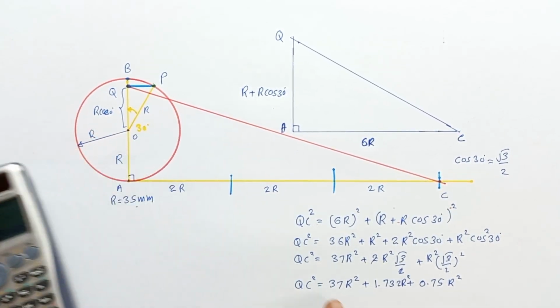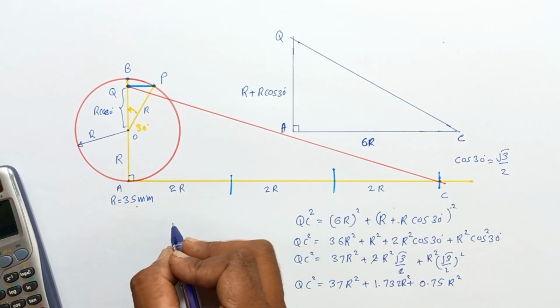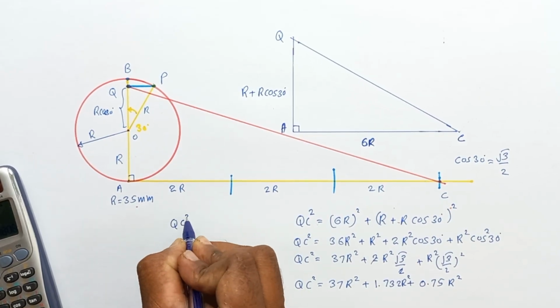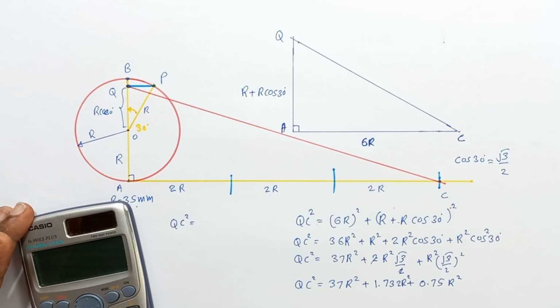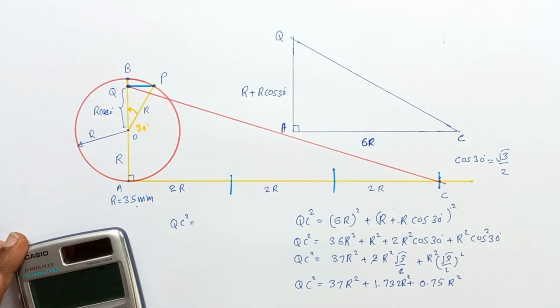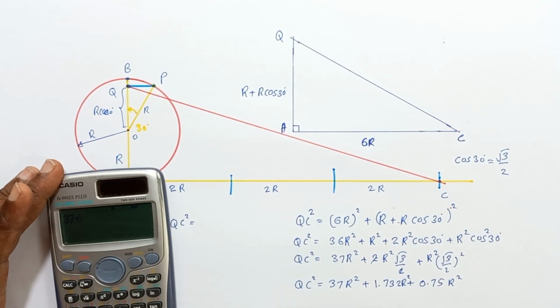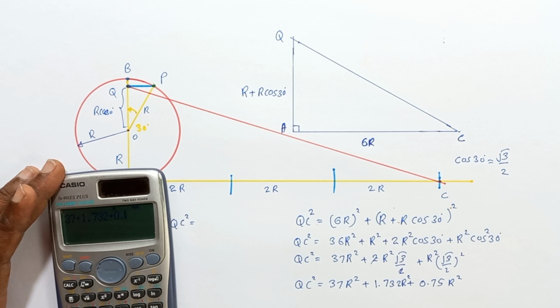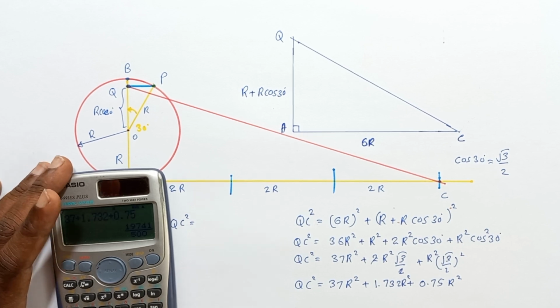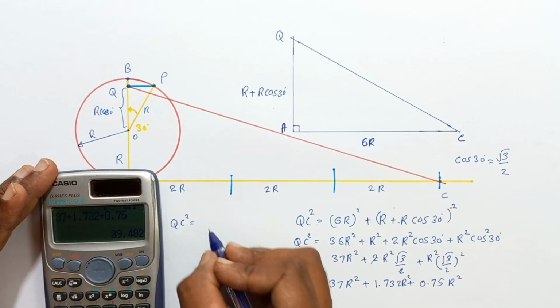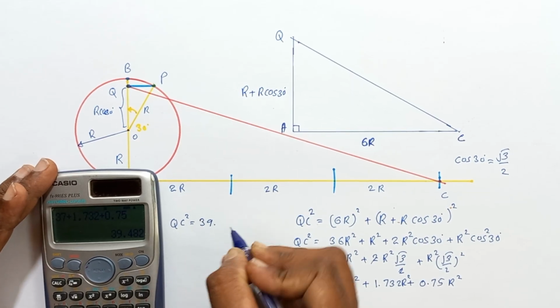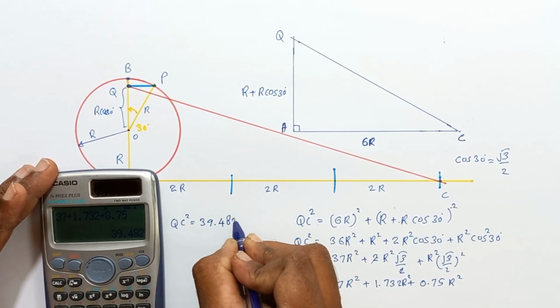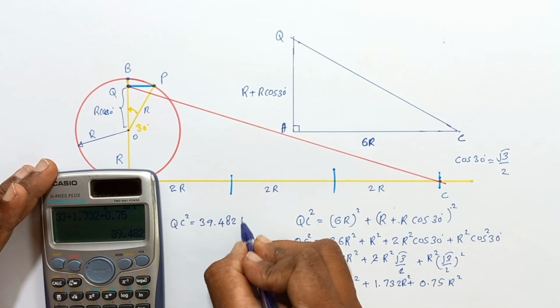By simplifying this one, QC square is equal to, by adding all of these, 37 plus 1.732 plus 0.75, is equal to 39.482 into r square.